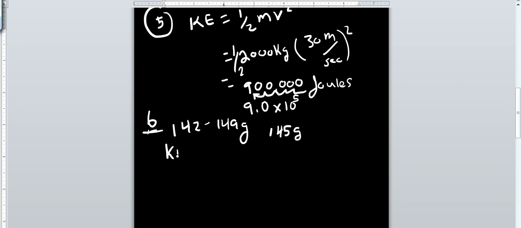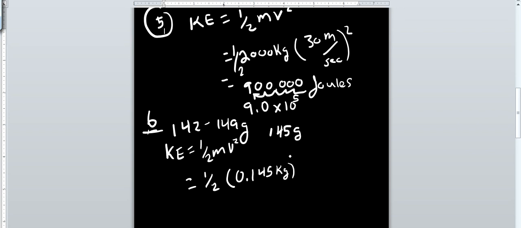So again, we have a kinetic energy formula. Kinetic energy equals 1/2 times the mass times velocity squared. We've got the mass here. 145 grams is converted to kilograms.